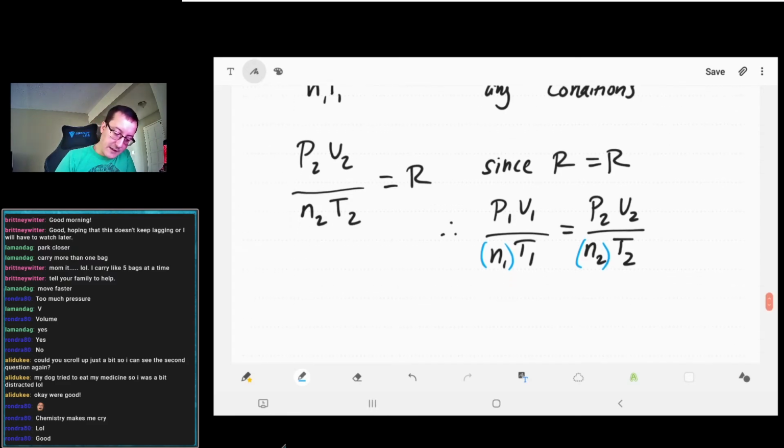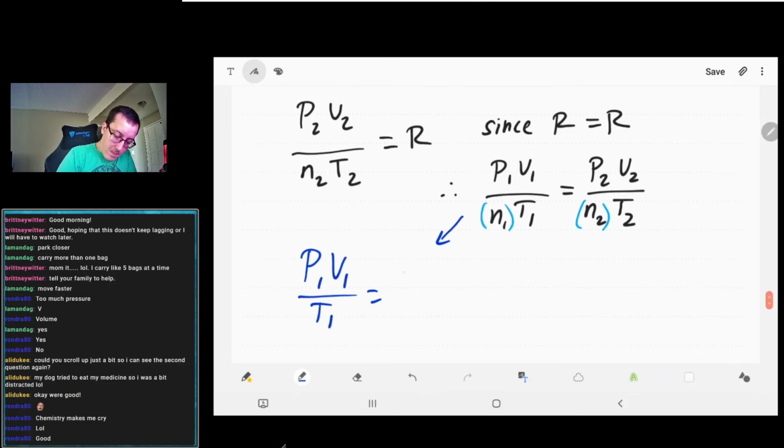So you'll often see this equation instead written this way. So this is going to be the second equation that we're going to work with in this chapter. This one is called the combined gas law.